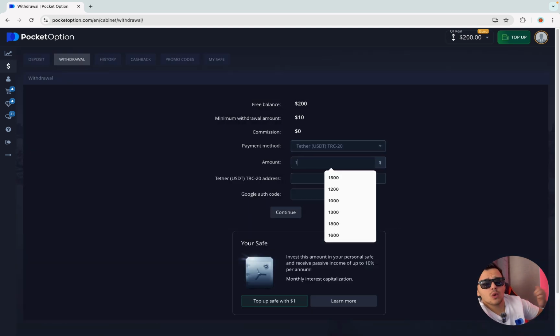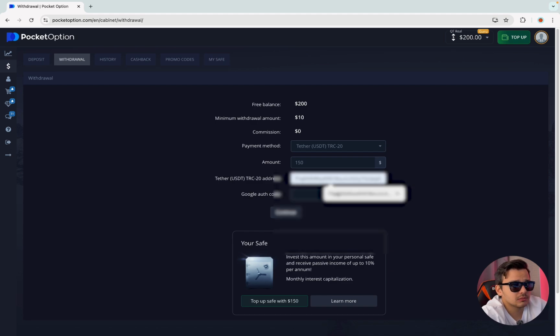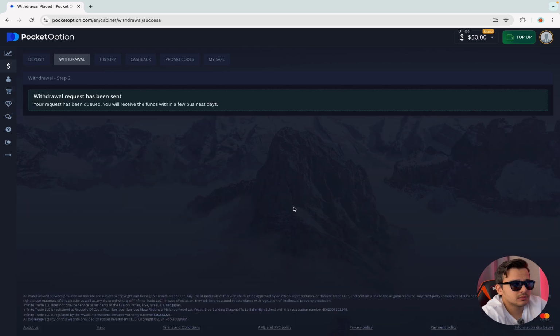Today's profit is $150. The withdrawal is being processed successfully.